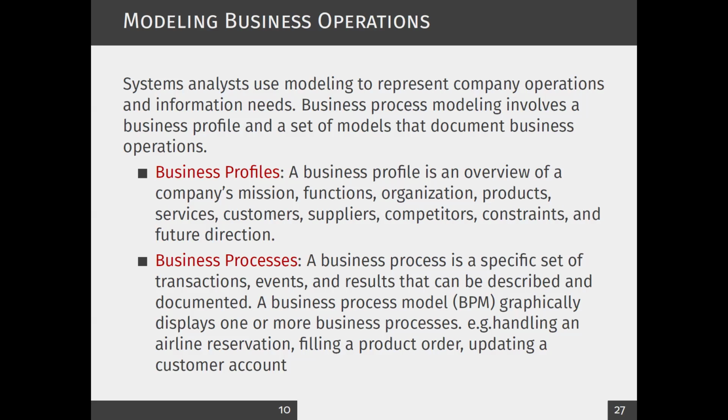Then we have business processes. When you say a business process, it is a specific set of transactions and event results that can be described and documented. Right. For example, business process modeling is a technique that we are going to learn in the coming sessions. We can graphically represent what is happening.